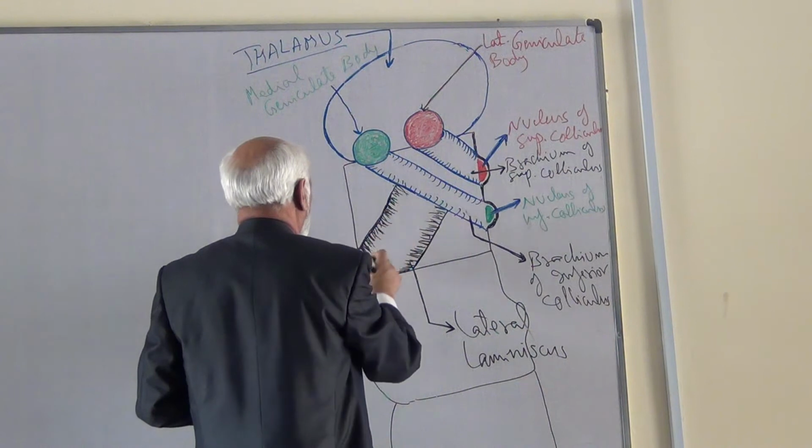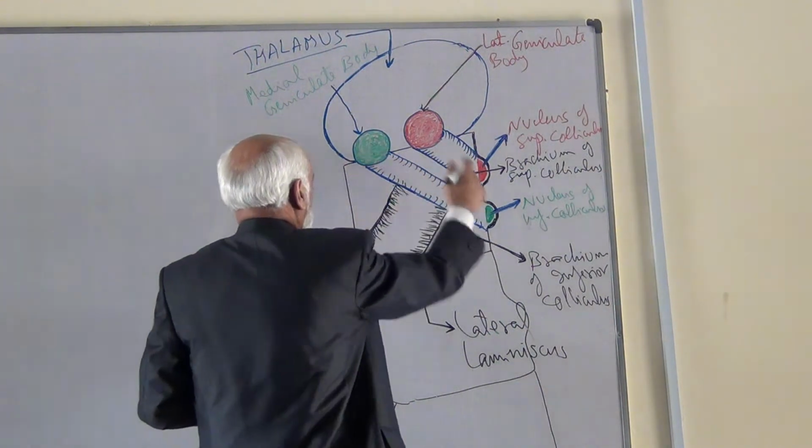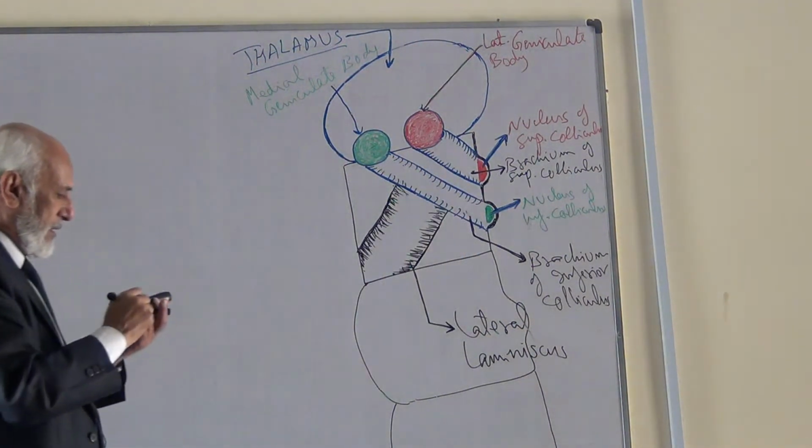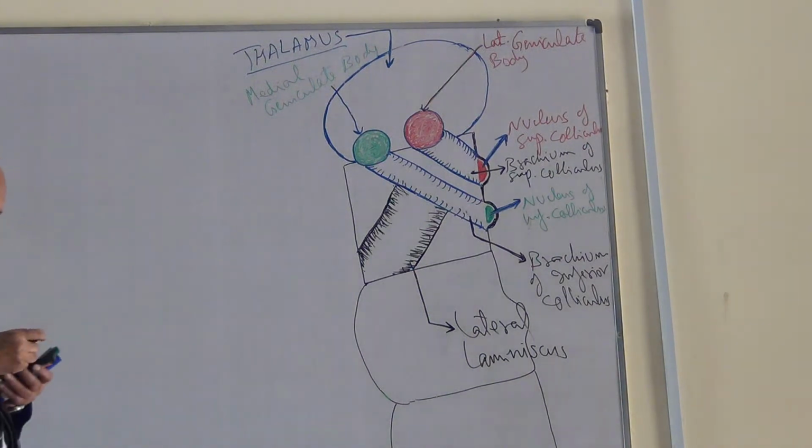Now these were some of the features on the lateral aspect of the midbrain. Now we will discuss the internal features of the midbrain at this level.